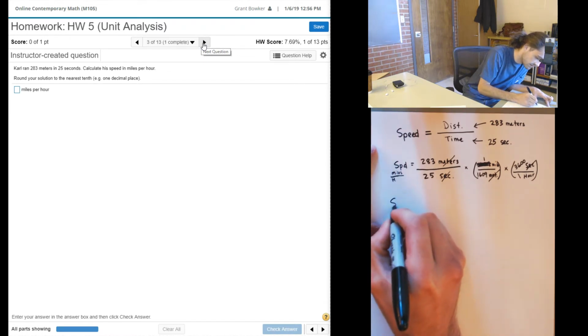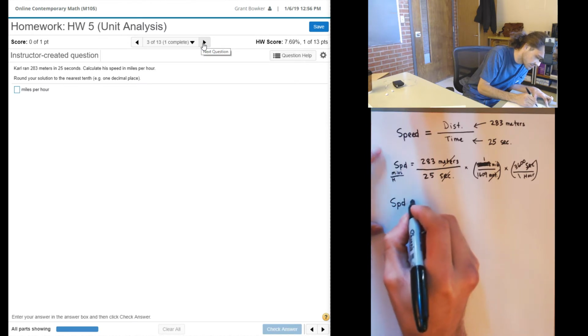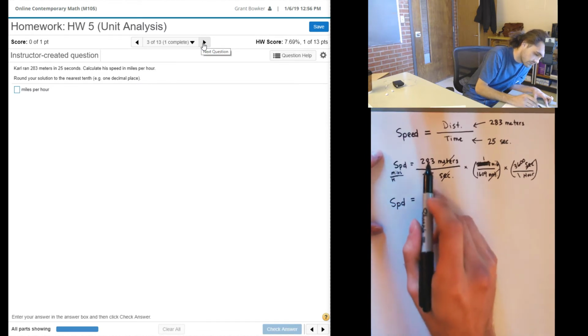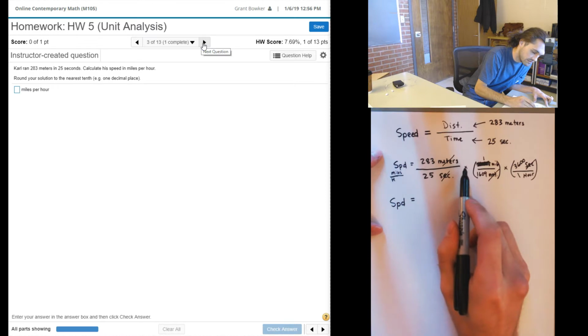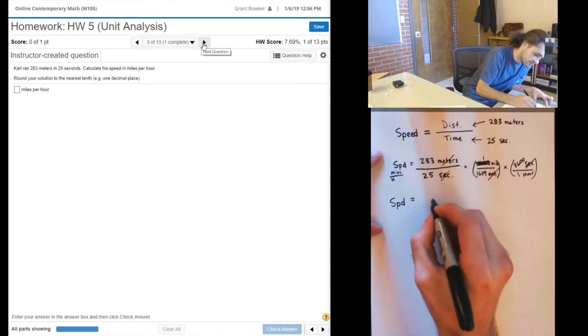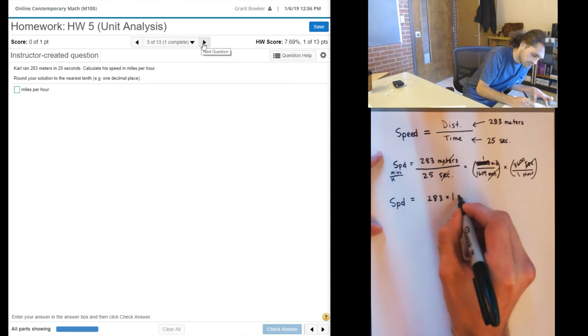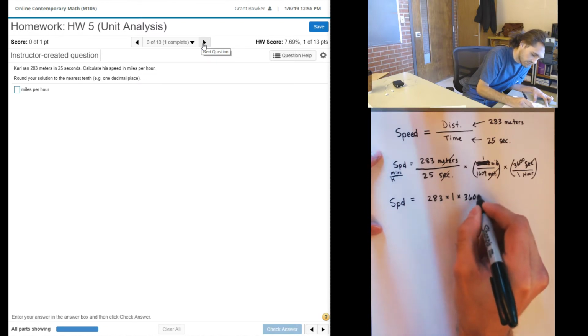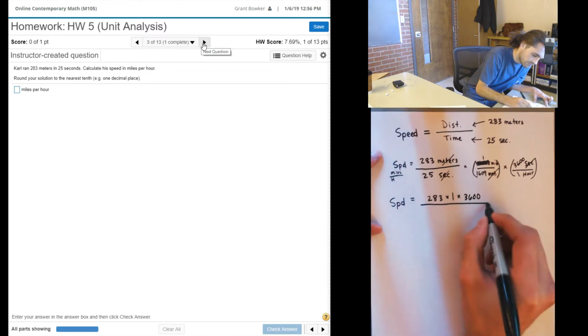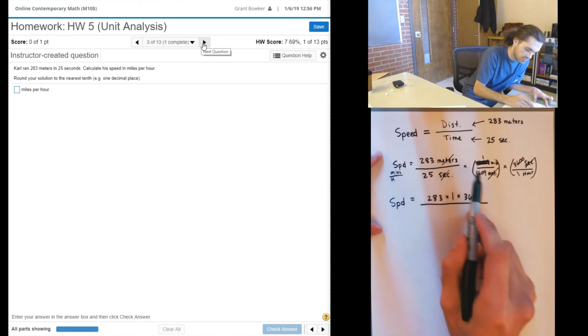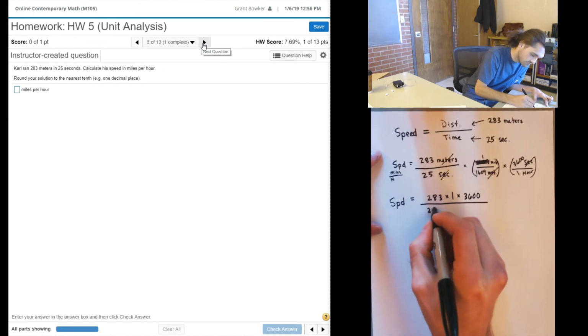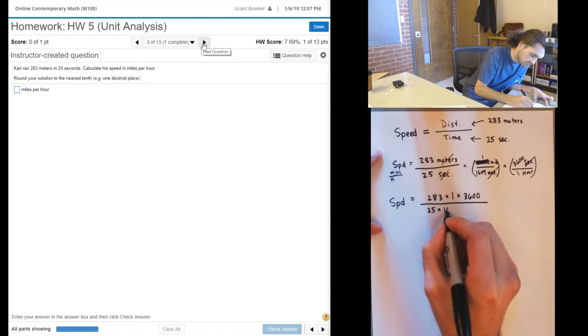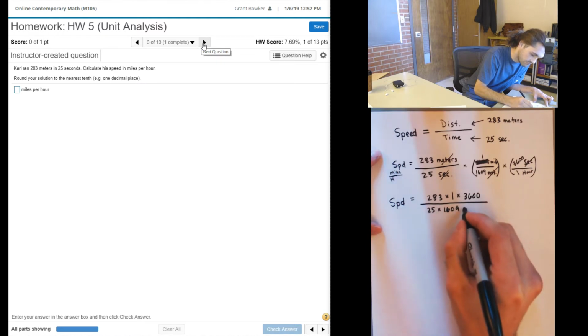So let's go ahead and crunch the numbers. Speed is multiplying straight across 283 by 1 by 3600, divided by 25 by 1609 by 1.